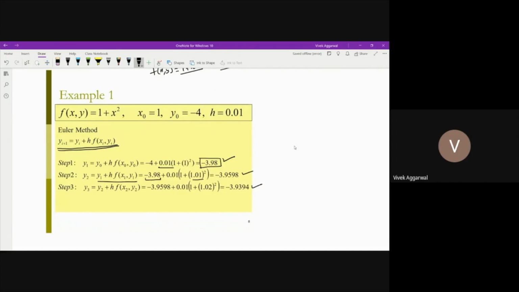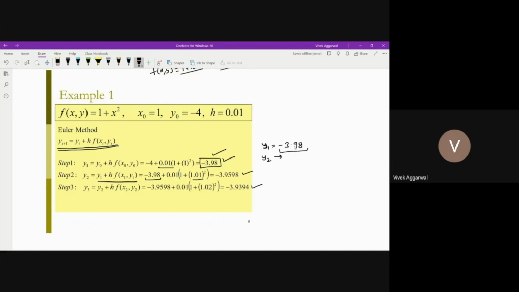So you can see that from the first iteration I have calculated y1 equal to minus 3.98, and then I'm using this value to calculate the value of y2. So in y2 I'm using this value.